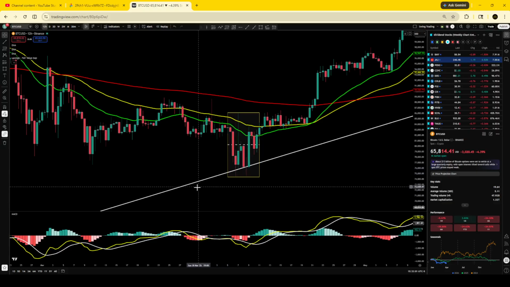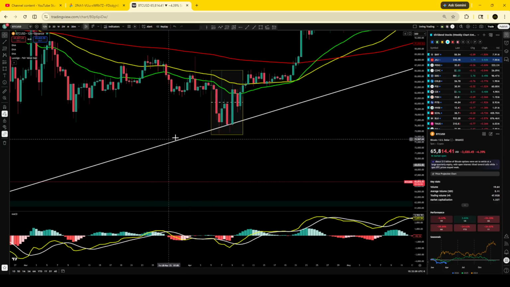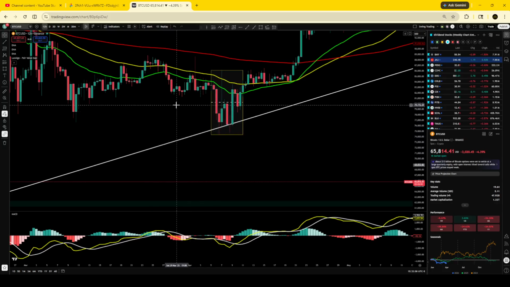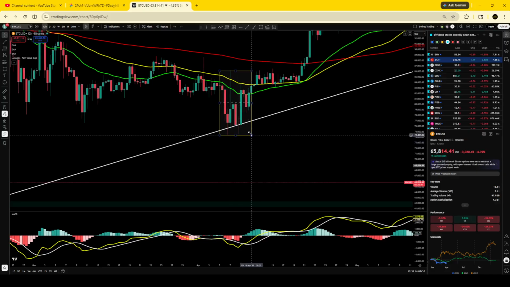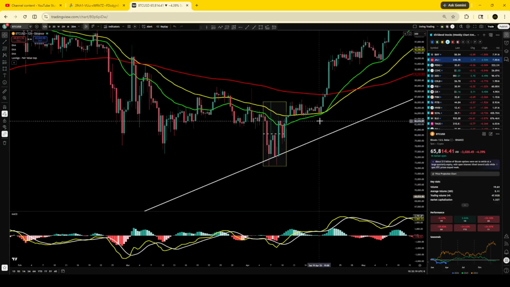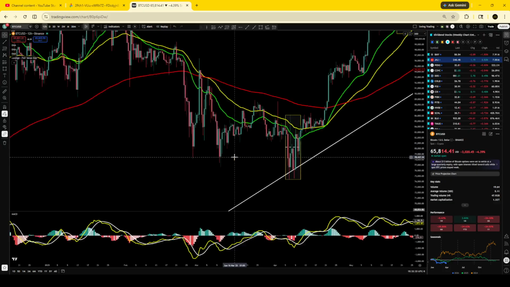For one, it's respecting the higher time frame trend line right here. For two, it showed a 3 candle reversal pattern, which is 1, 2, 3. And what am I on? 3 or 4? Three or four. This is an engulfing candle right there.